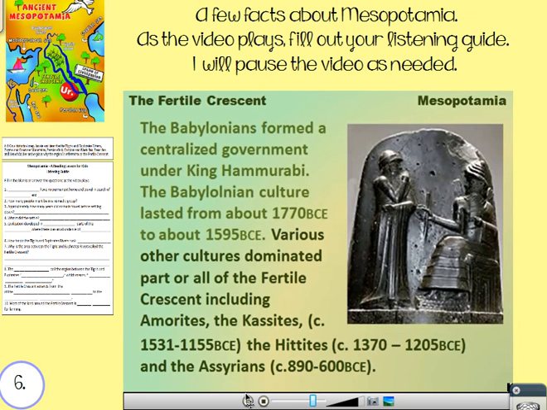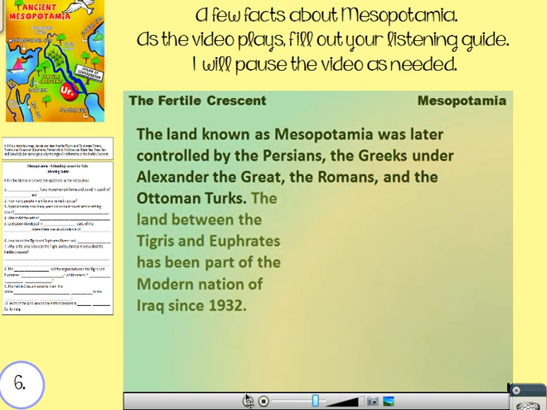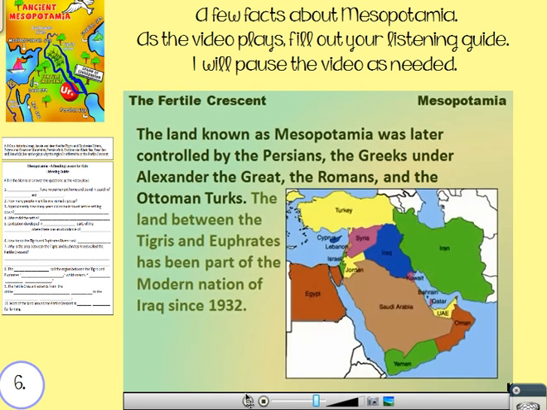Various other cultures dominated part or all of the Fertile Crescent, including the Amorites, the Kassites, the Hittites, and the Assyrians. The land known as Mesopotamia was later controlled by the Persians, the Greeks under Alexander the Great, the Romans, and the Ottoman Turks. The land between the Tigris and Euphrates has been part of the modern nation of Iraq since 1932.